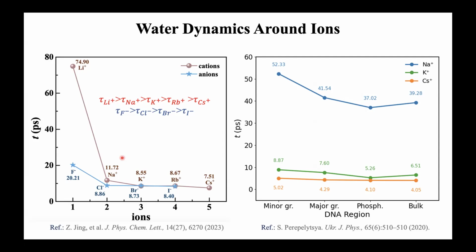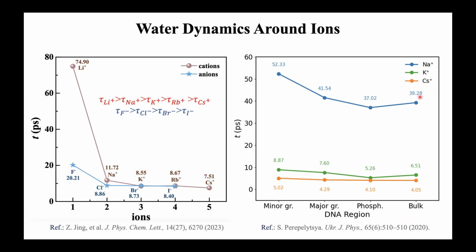But also, an interesting thing is another molecular dynamics study of the dynamics of water molecules around the ions. Specifically, sodium, potassium, and cesium were studied in the different regions of the double helix: the minor groove, major groove, and phosphate groups, and compared to the bulk results.